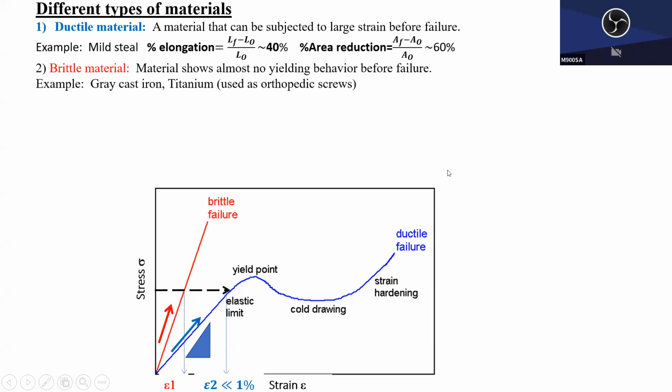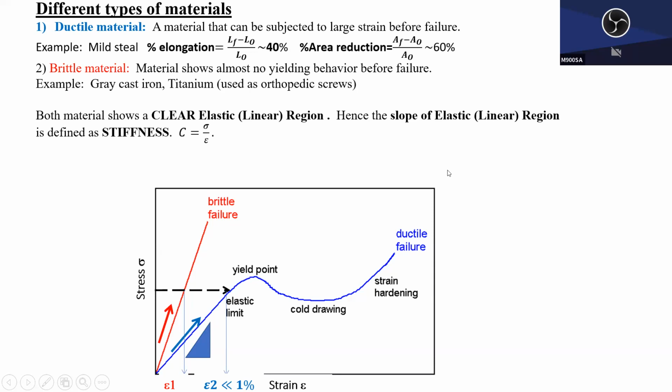So actually, in my view, orthopedic screws should be using stainless steel, but it is too cheap. That's why in the US, medical companies promote titanium screws to make more money. Anyway, the slope is the stiffness.